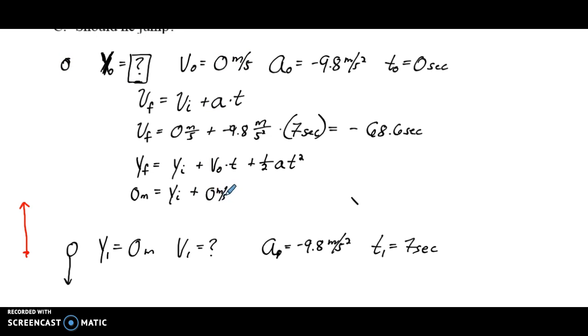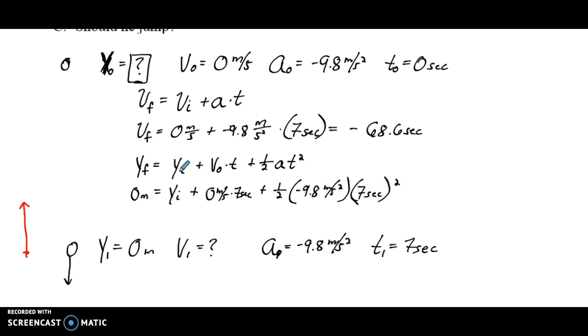So this whole term becomes 0 times 7 seconds plus 1/2 negative 9.8 meters per second squared times 7 seconds squared. If you solve for y1, this is all negative. The square negative becomes important.